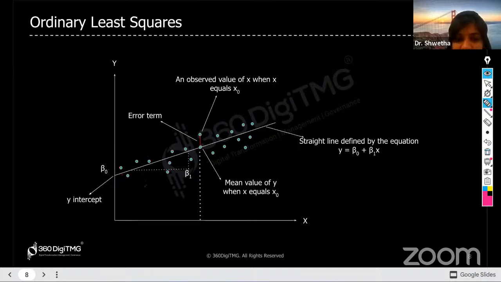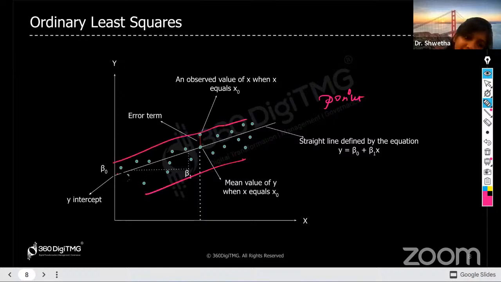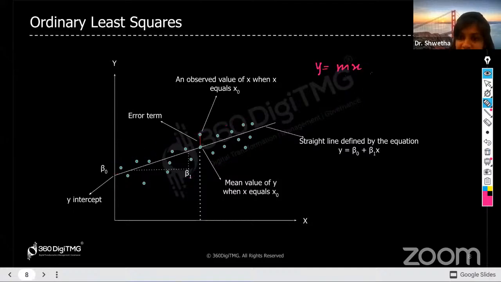We are trying to analyze the relationship. Now, how is it correlated? Firstly, there is a positive relationship between these two variables, and it is moderately correlated also, linearly dependent on each other. So we can put a straight line.